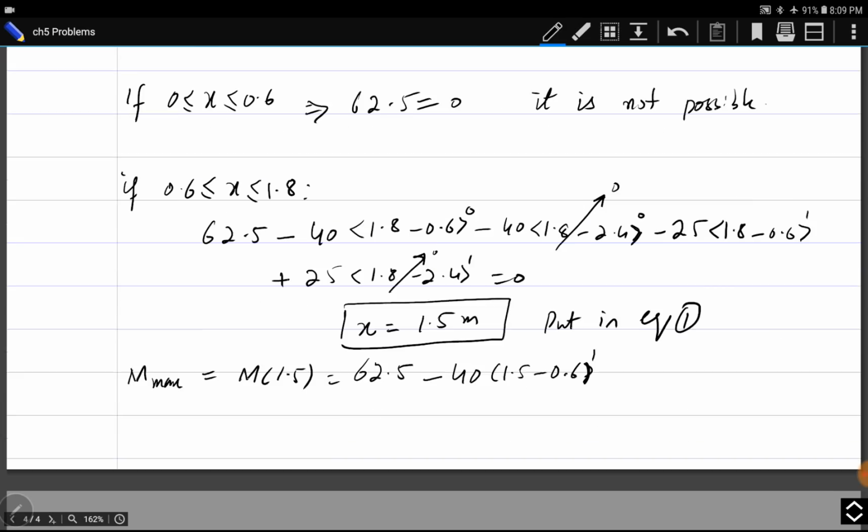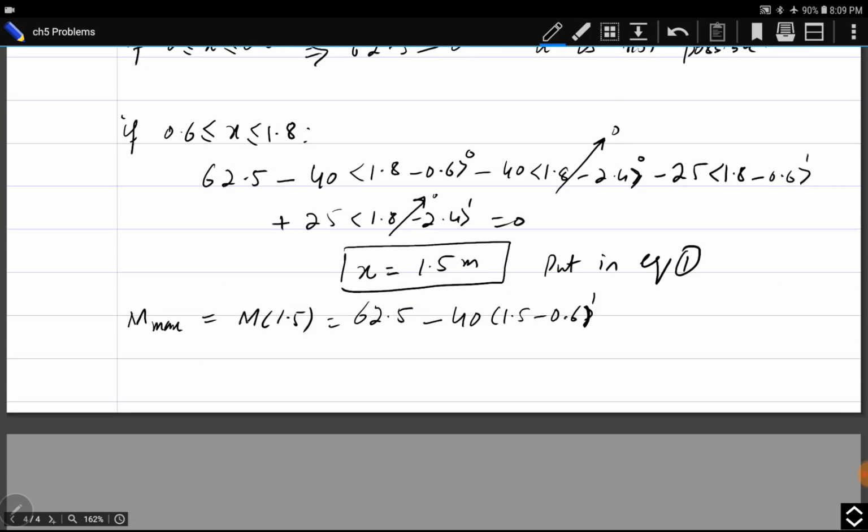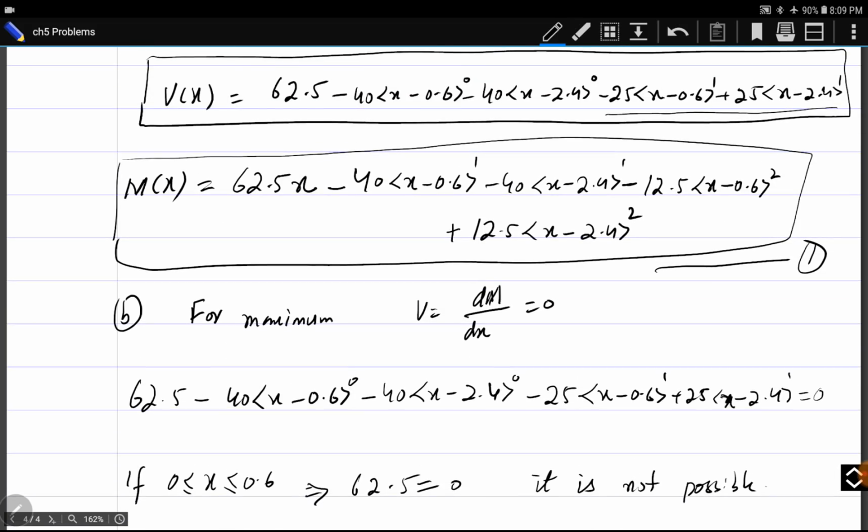Minus 40 into 1.5 minus 2.4. 1.5 minus 2.4 is a negative number, and any negative number inside the singularity function means this term can be neglected. We do not need this term. Here, minus 25 into 1.5 minus 0.6. This is a positive number, so I have used a regular parenthesis for it.